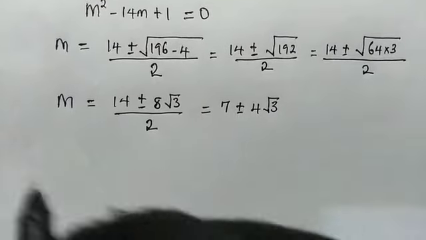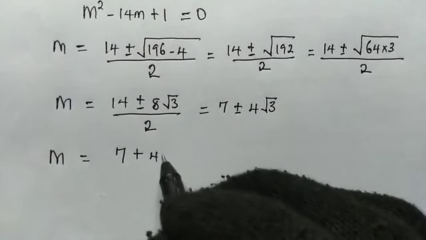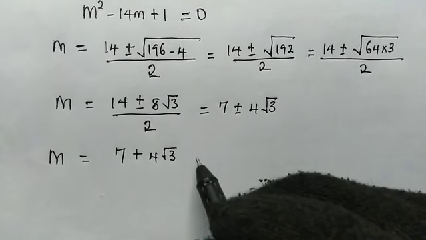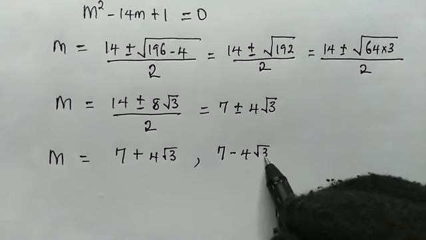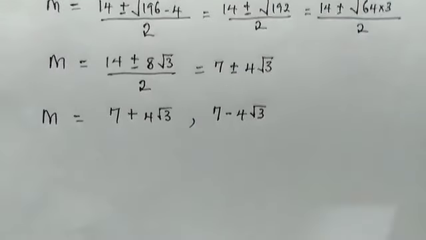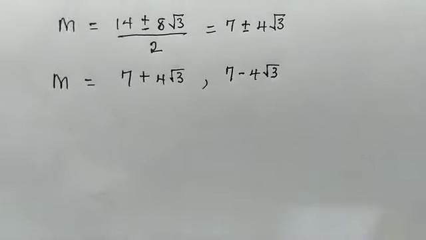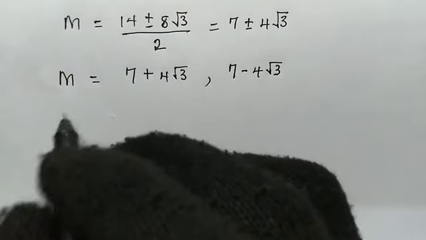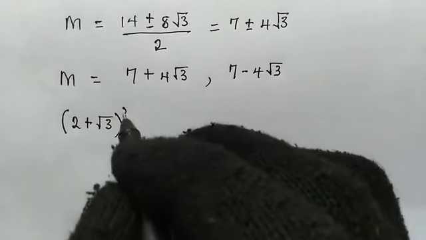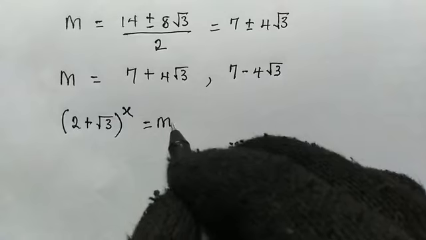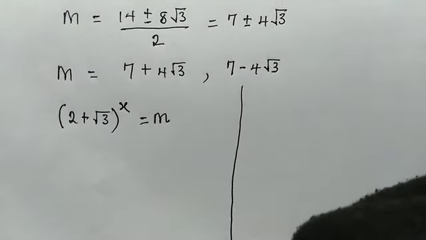So this implies that m is equal to 7 plus 4 root 3, and m is also equal to 7 minus 4 root 3. Now from here, let us recall that 2 plus root 3 raised to the power of x is equal to m. There is something really important we need to discuss here.